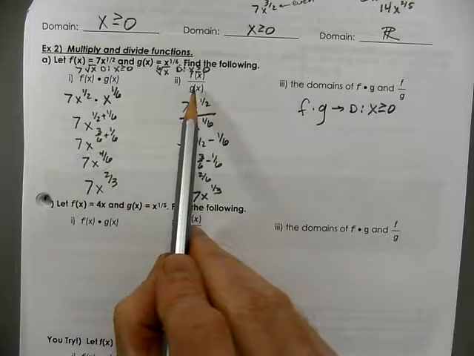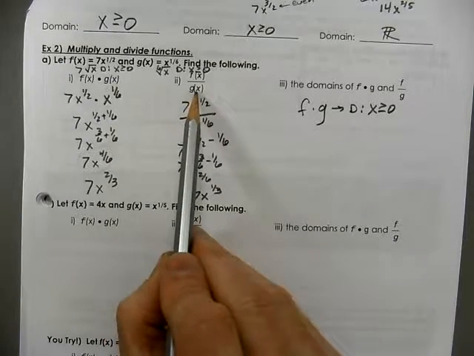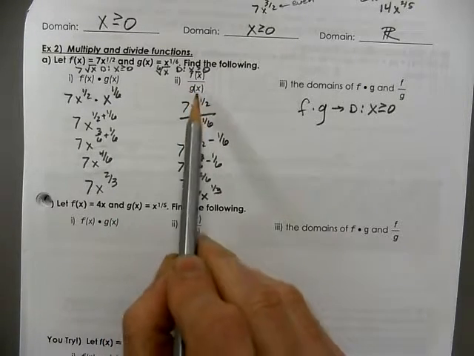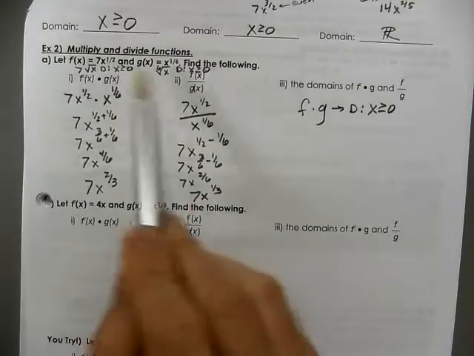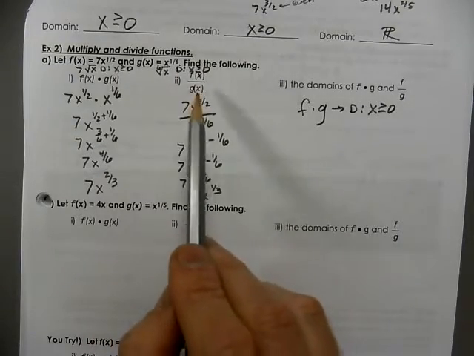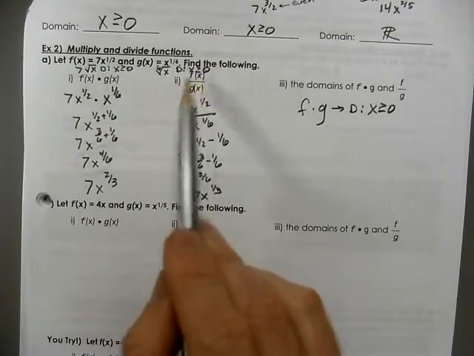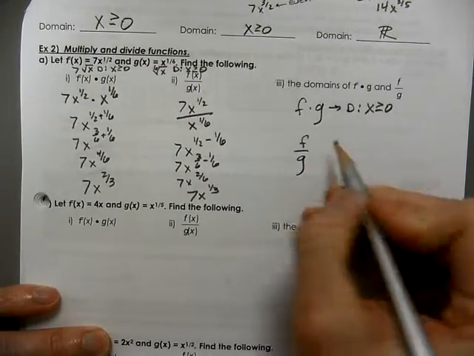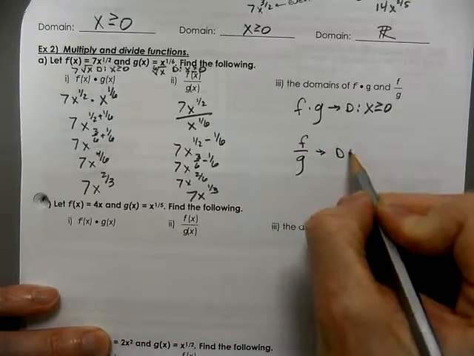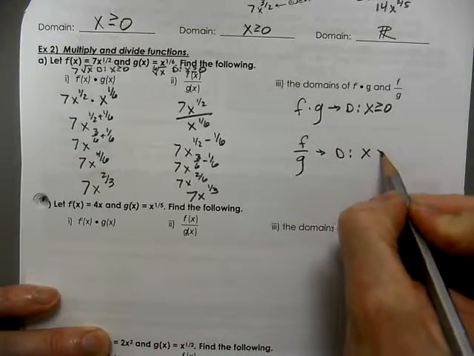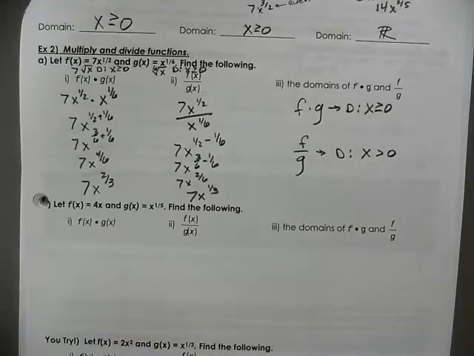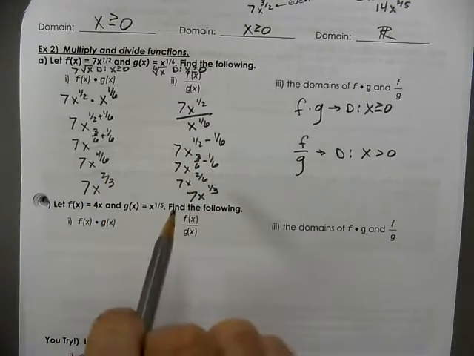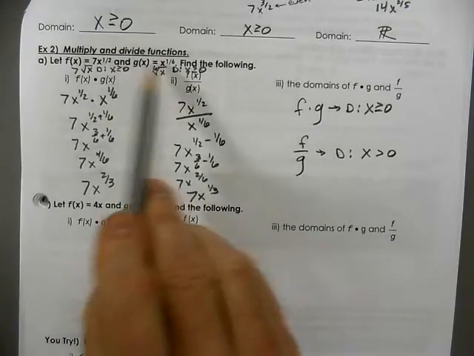When there's an expression in the denominator, we have to watch when that becomes 0. So we can't be negative because of the parents. We can't be 0 because of the way that this is formed. So our f divided by g, in this case, is going to be x values that are greater than 0. It cannot be 0 because of the question. It cannot be negative because of the parents.